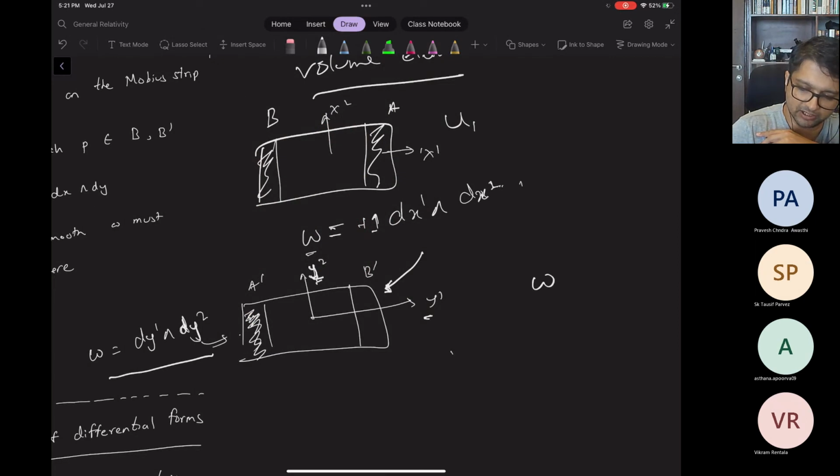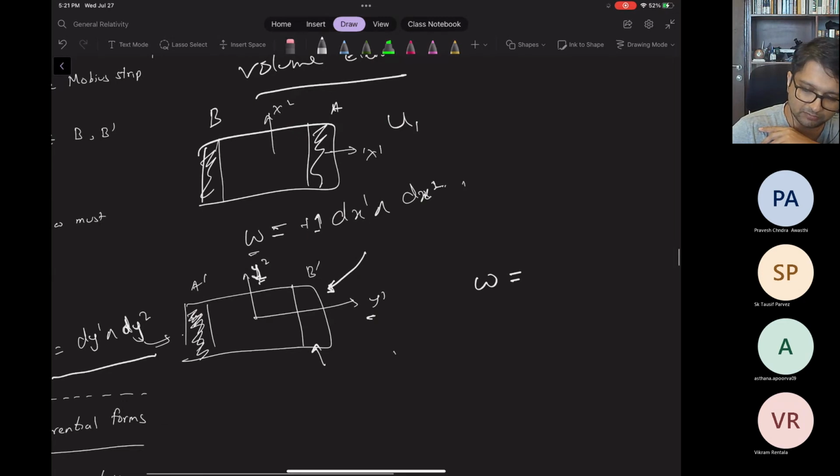My omega in the region B prime would necessarily be of the form, if I want to smoothly match it into this omega here, minus dy1 wedge dy2. So basically I cannot choose it to have a strictly positive coefficient. If I choose a positive coefficient in this region, it will have a negative coefficient in this region.